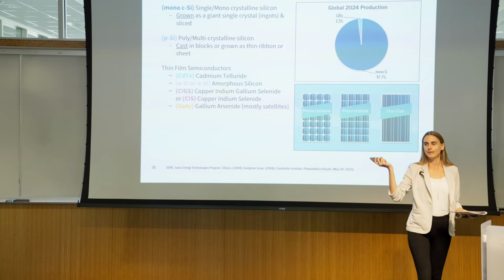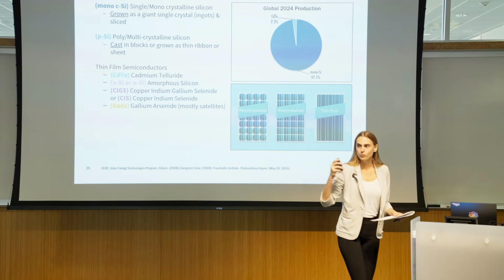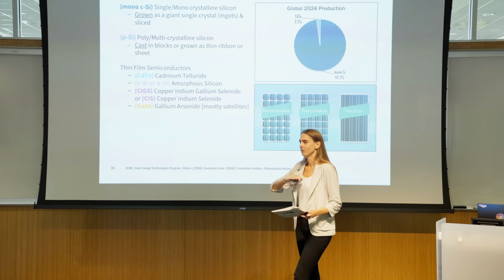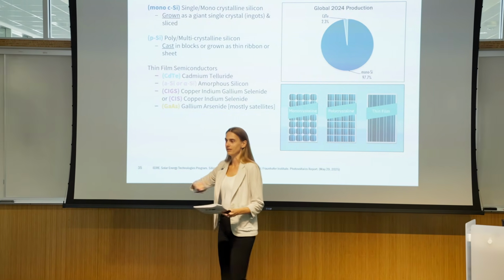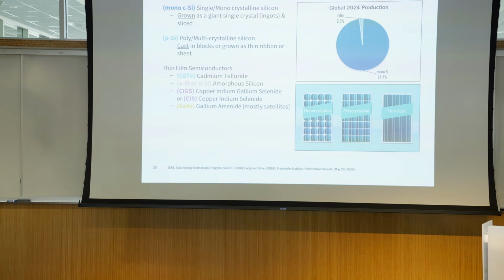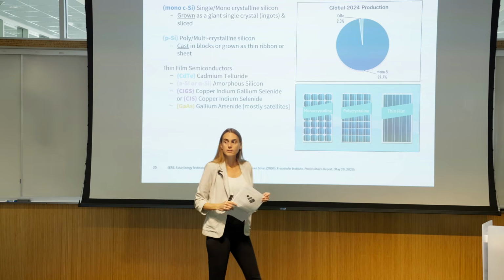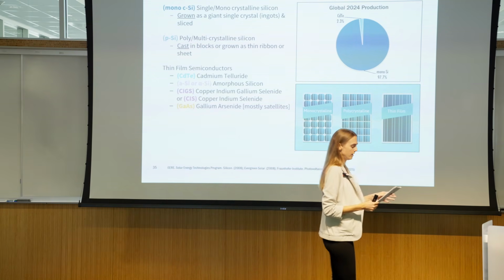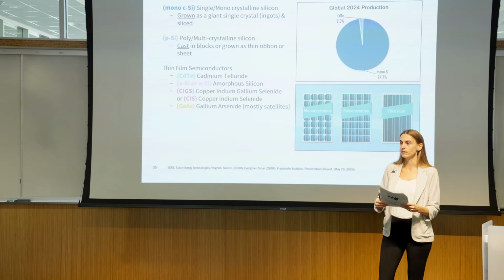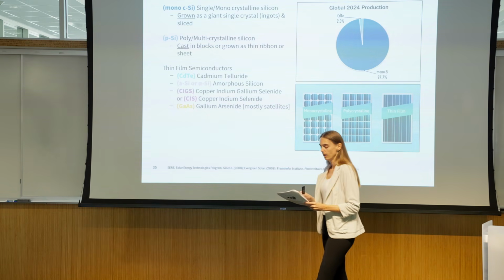There are some really cool YouTube videos where you can see these things being grown, and then they're sliced into really thin layers to make the semiconductor material for the cell, otherwise known as wafers. And polycrystalline silicon is made by casting silicon in blocks or growing it as a thin ribbon.